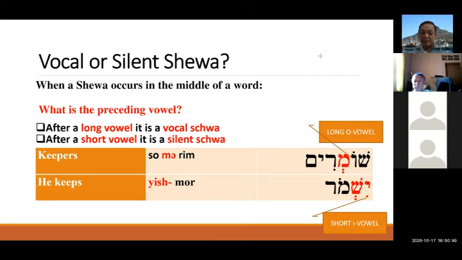This schwa is basically not really a vowel. Remember just now I mentioned it's not really a vowel. But because it is either a vocal schwa or a silent schwa, in this case it is still there. You can't deny it's still there.